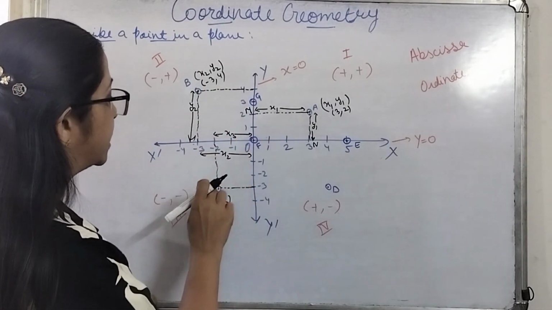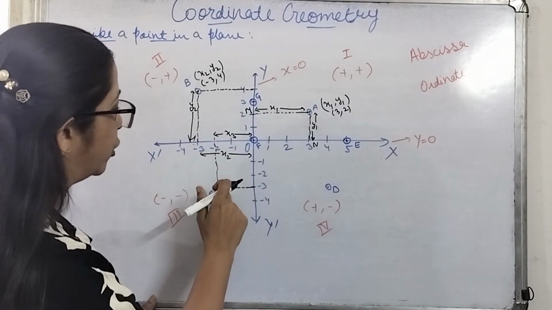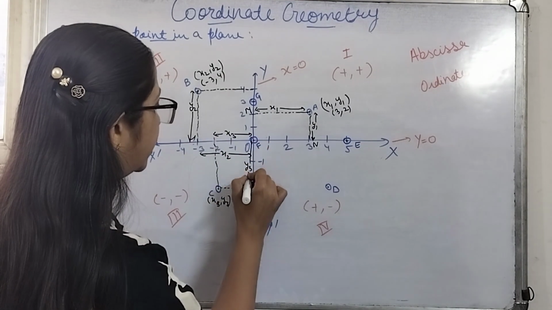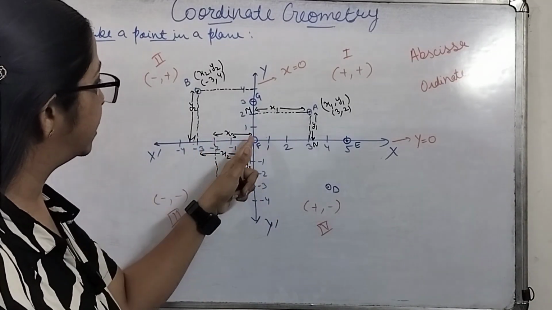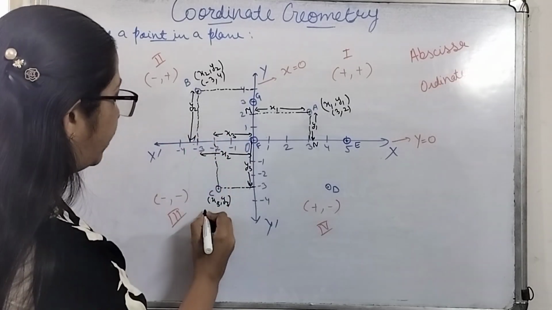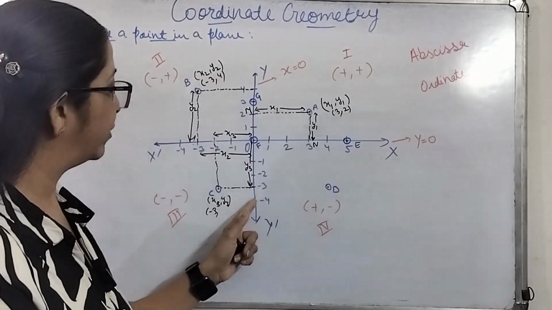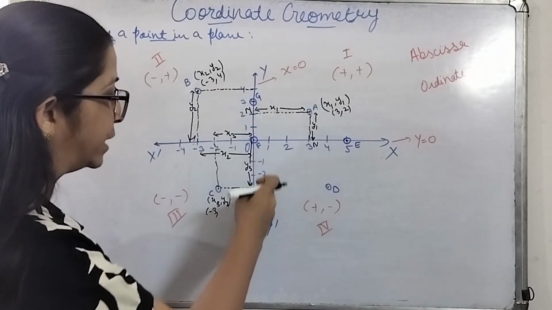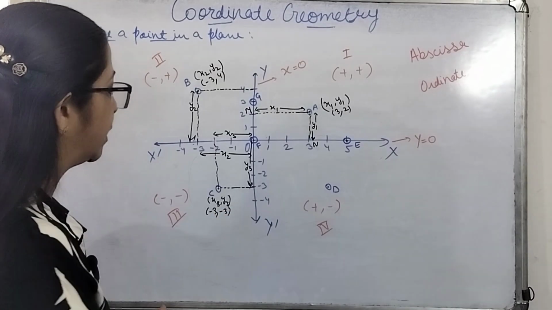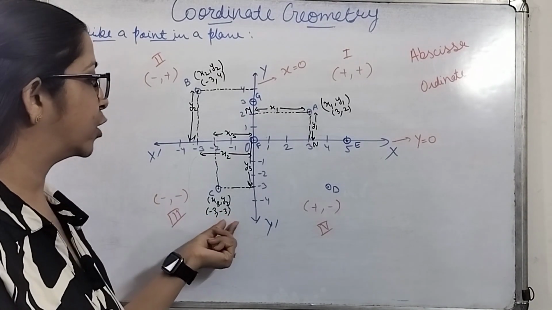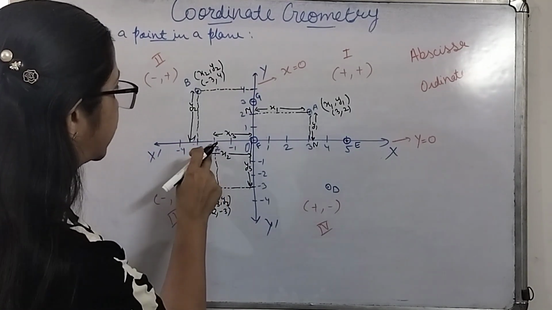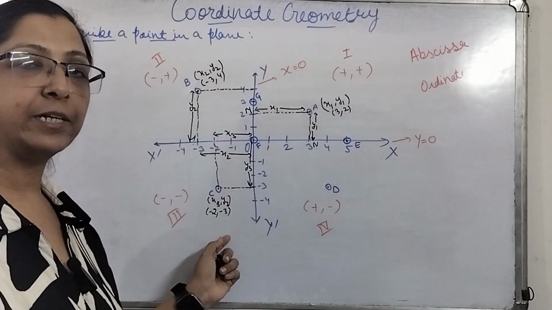That means this distance is your y3, equivalent to this distance. So x3 is -2 because it is along the negative x-axis, and the value of y3 will be -3 because again it is towards the negative direction of the y-axis. So the coordinates for point C will be (-2, -3). Sorry, I said -3 earlier, but the value of x3 is -2.